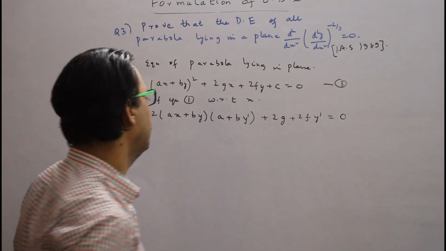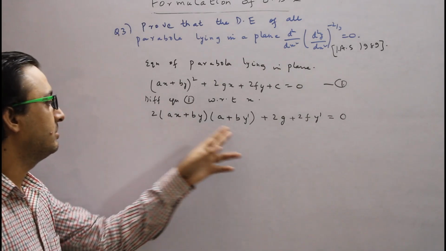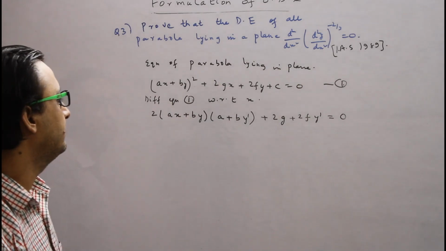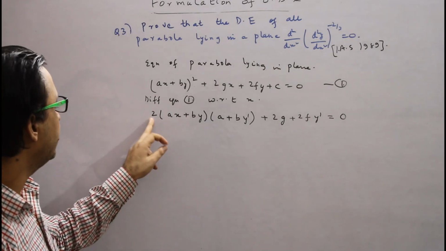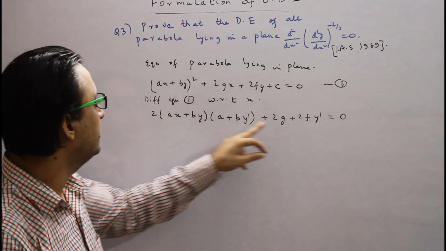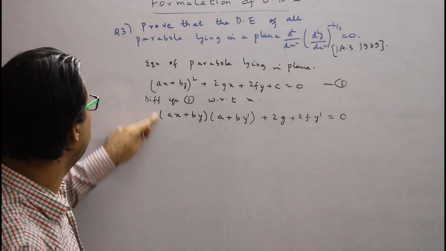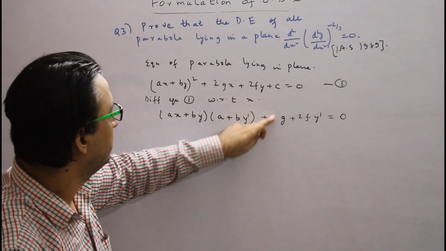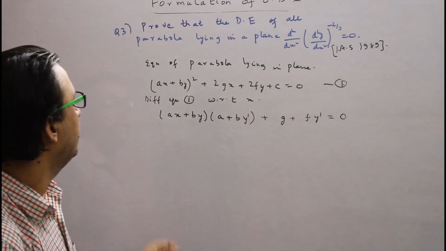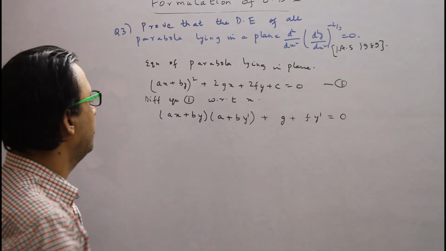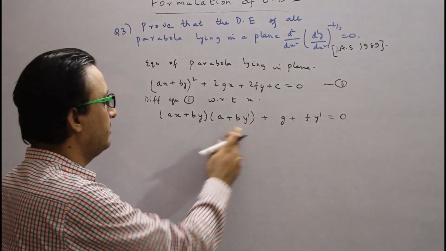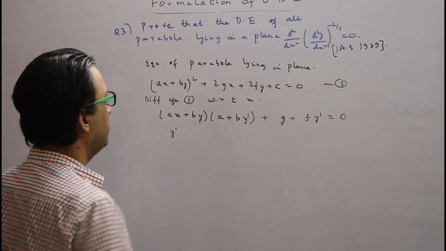So this is the equation that we have got. From this we can see 2 is common in all terms, so we can eliminate it. And from here I will collect y dash.